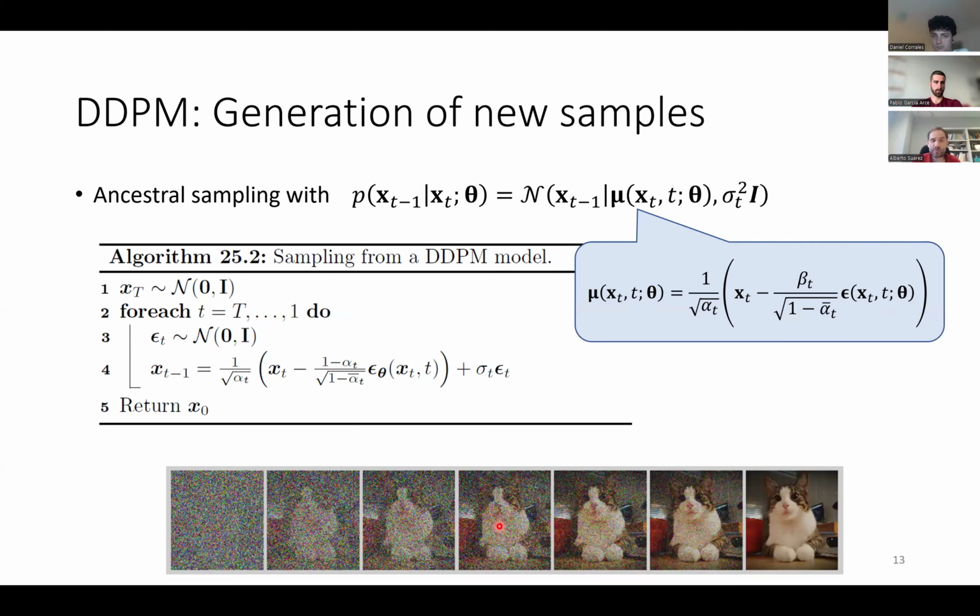And to generate new samples, you use just the output of the network to estimate that mu, which was controlling the backwards process.